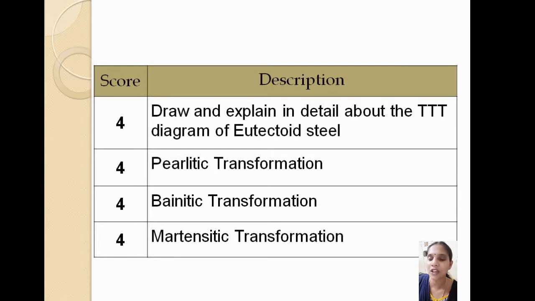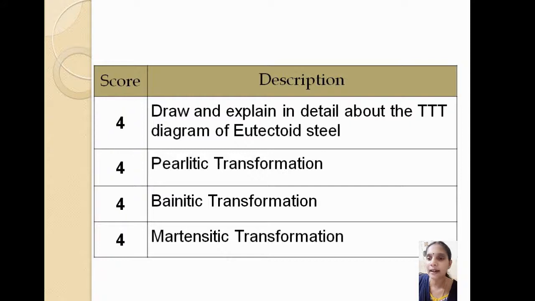Martensitic transformation occurs during quenching and it has few characteristics which distinguish it from the other forms of transformation. So you must mention all those points that have been discussed in the lecture. This will fetch you another 4 marks.